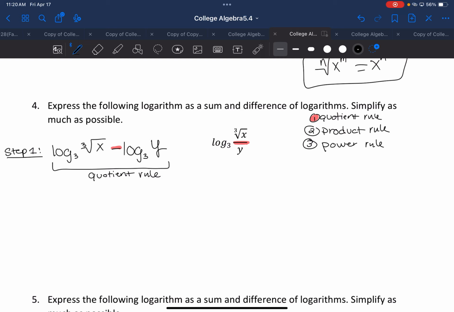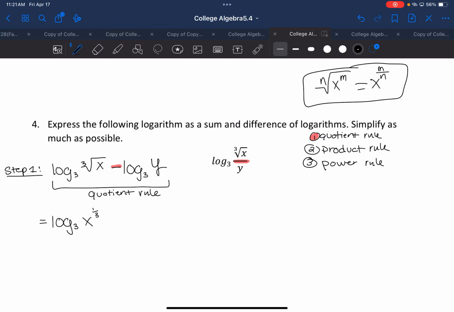Okay, so now I don't have anything being multiplied by each other inside of my logs. So I don't need to use the product rule. But I do need to rewrite that radical as its exponent. So this would be log base 3. What's the cube root of x in terms of an exponent? 1/3. So that would become x to the 1/3 power.